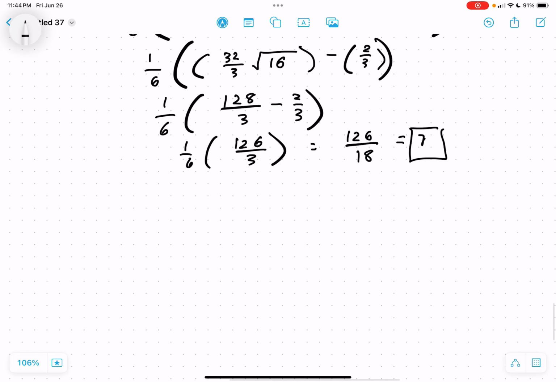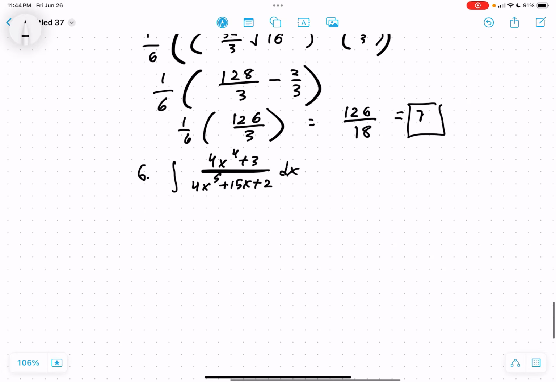Now, our last and final integral is going to be the integral of (4x to the 4th plus 3) over (4x to the 5th plus 15x plus 2) dx. Now, I'm going to let u equal 4x to the 5th plus 15x plus 2, and I get du/dx equals 20x to the 4th plus 15.